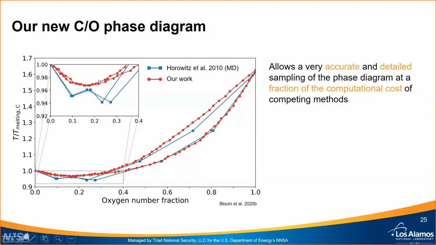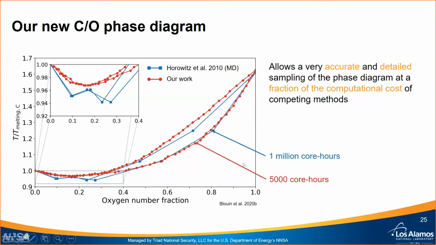And the other thing is that it's much less noisy. So in particular, we have a much better resolution of where the azeotrope point lies. So with the molecular dynamics simulation, it's not that clear. Another thing here is that it took only 5,000 core hours to compute our phase diagram, while it took something of the order of 1 million core hours to obtain the one with the MD approach.